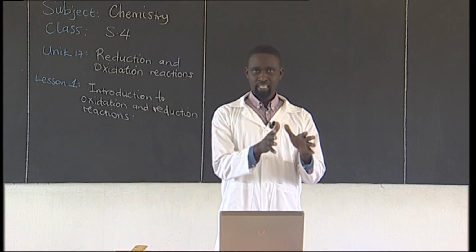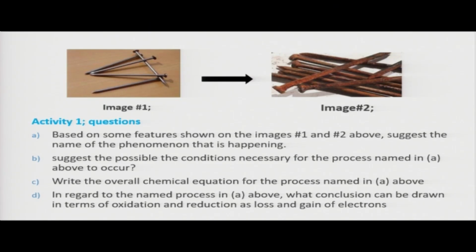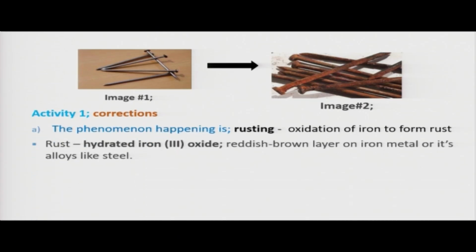So we've seen those questions. Now let's answer each one at a time. I want us to go together answering each question at a time. 1, what is the phenomenon happening? Rusting. We all agree. Rusting, which is simply the corrosion of iron to form rust.